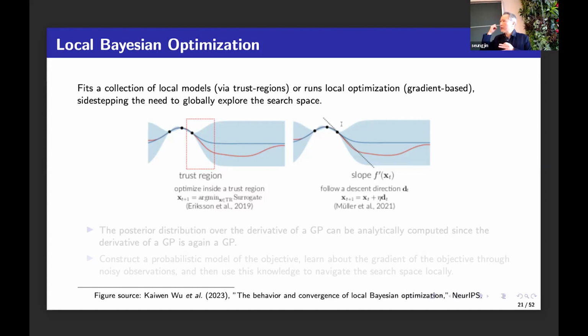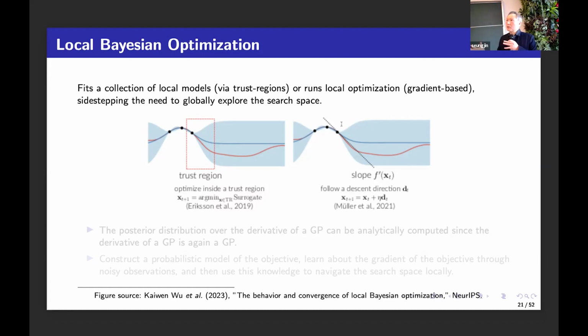You can also differentiate the objective function, and differentiation is a linear operator. The linear operator of a GP is also a GP. So you construct the joint GP over the objective function and its derivative.